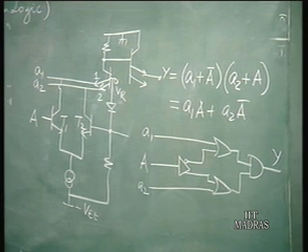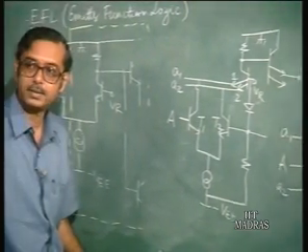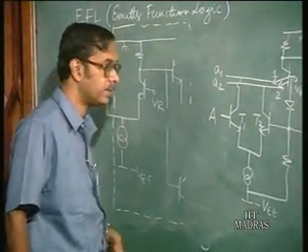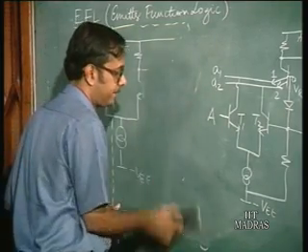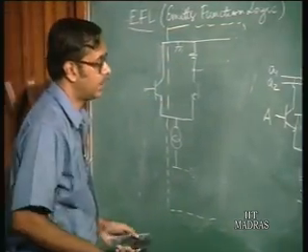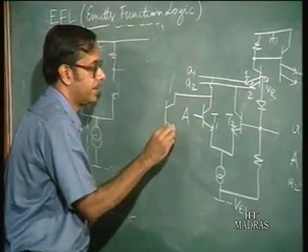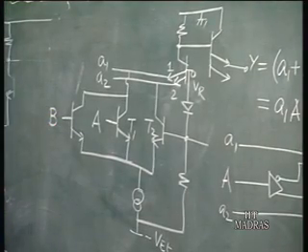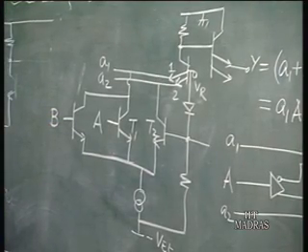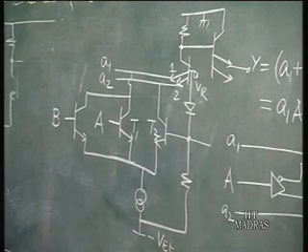Now, of course, you can make it even more complicated by just modifying this circuitry. That is, say you put this here, then what happens? What is the change in this circuit here?